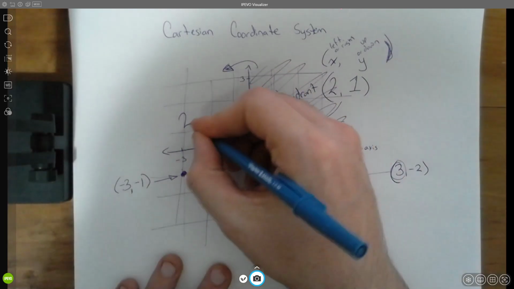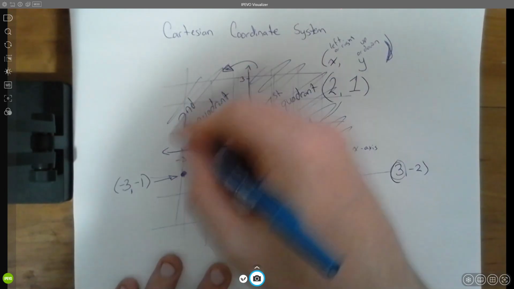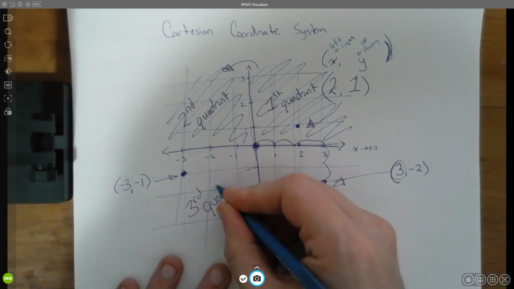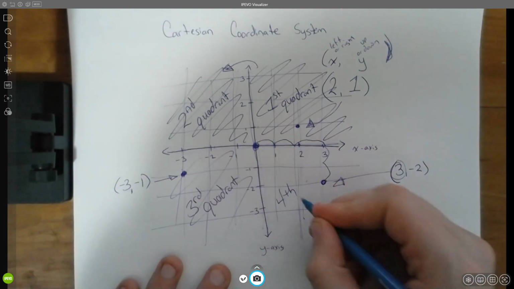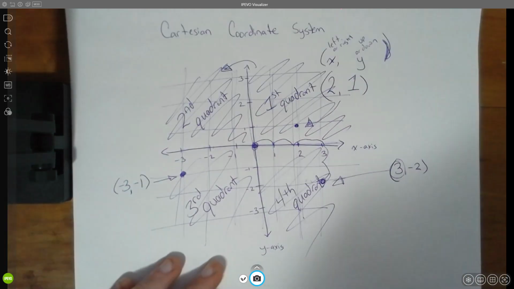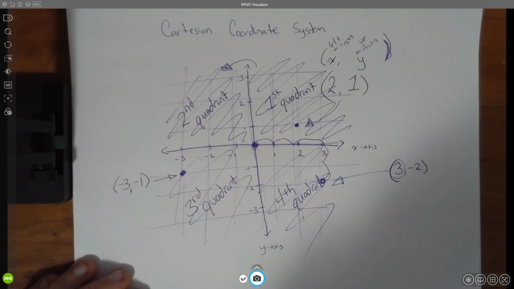So this would be our second quadrant, everything in this spot here. This would be our third quadrant. And then this would be our fourth quadrant. So that's just one better way to be able to identify where certain things are within our Cartesian coordinate system.